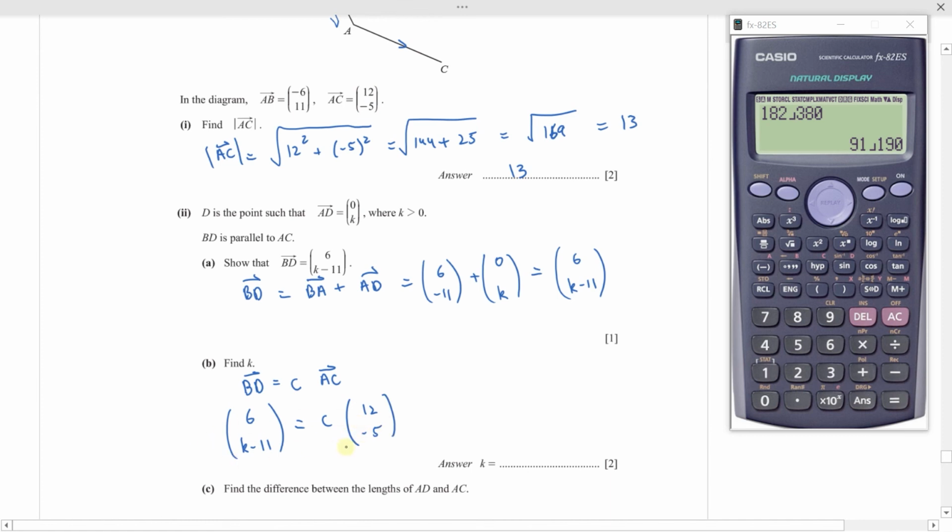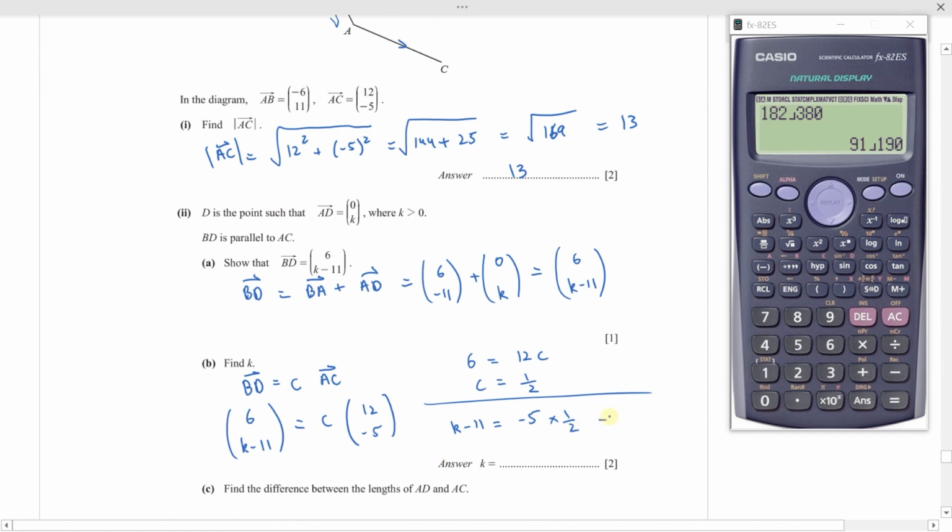So now I can compare the values. From the top values, I can write this equation: 6 equals 12 times C. This will give me C equals 1 over 2. And then I can write this equation using the bottom values. K minus 11 will be equal to minus 5 times C, which is 1 over 2.